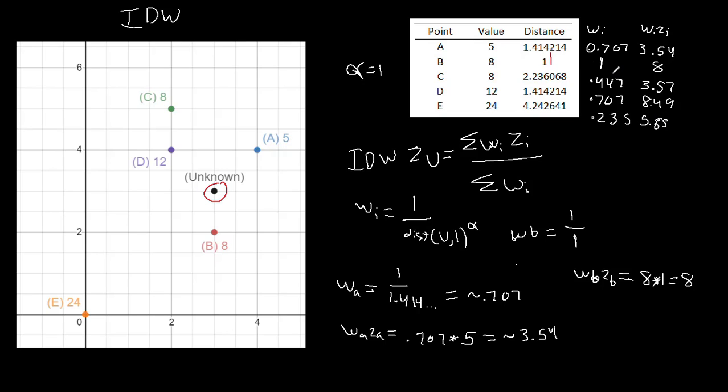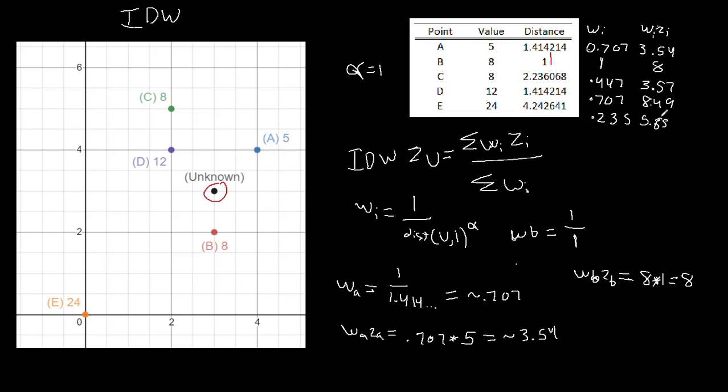Right, and what I want to do is I want to take a quick second here and examine this weighted Z column, which is what this column is. And I want to look at the difference between what happened to this value 8 when the distance was 1 compared to this value 24 when the distance was 4 1/4.